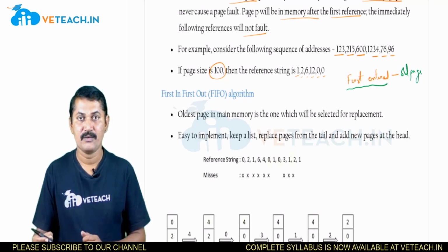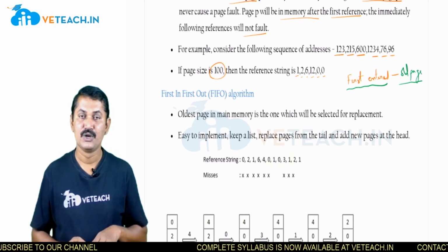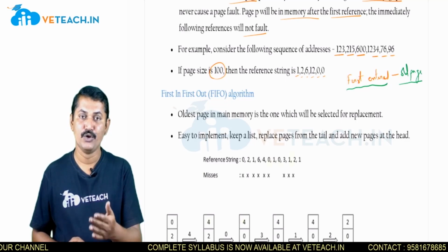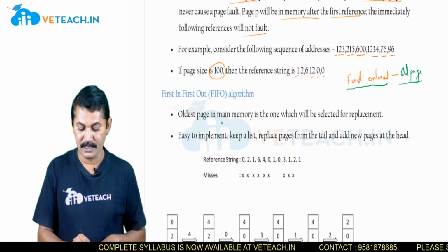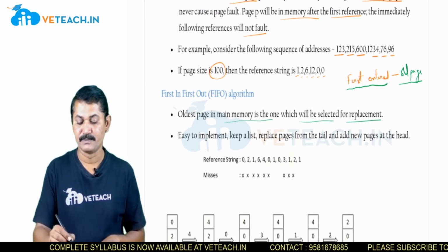This old page has to be replaced to make space free for entering new pages. You can see clearly that the oldest page in the memory is the one selected for replacement.